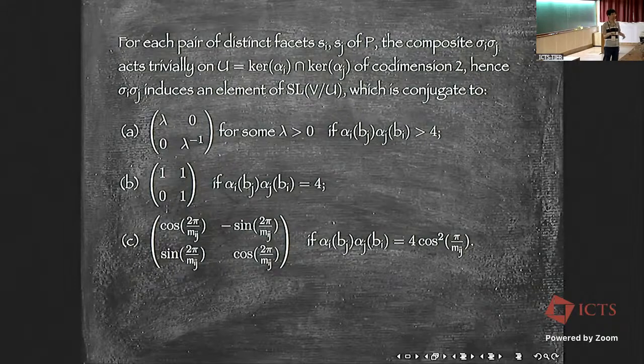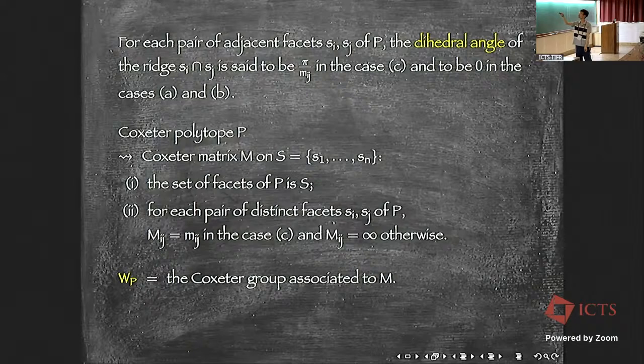The reason is that you imagine the Euclidean case: if the angle between the 2 reflections is theta, then the composition of the 2 reflections is a rotation by 2 theta, right? So here it is 2 pi over mij, so it makes sense that the dihedral angle is pi over mij.